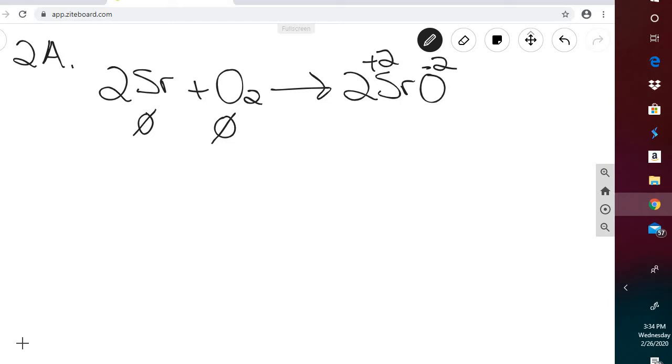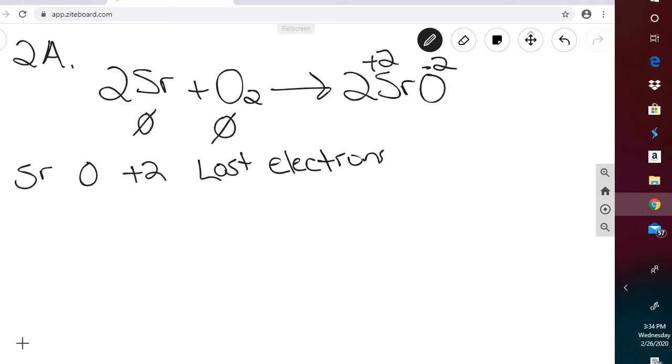So then we look at what happened. The strontium went from 0 to +2. So it lost electrons, and lost electrons means that the strontium was oxidized, LEO.